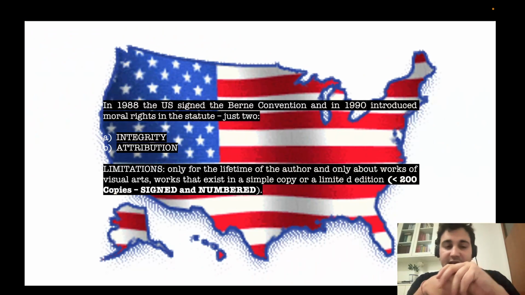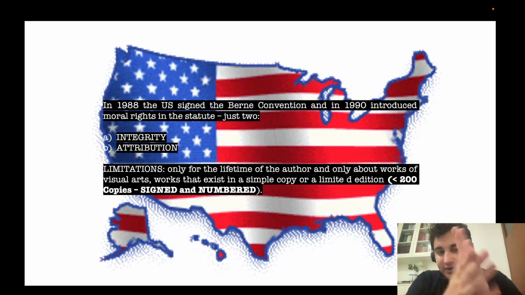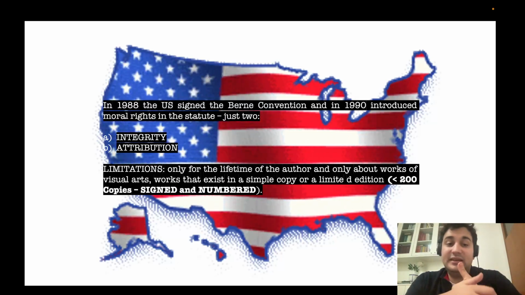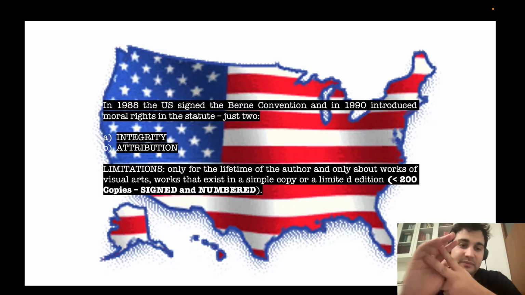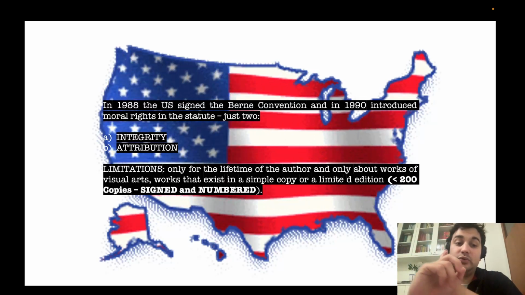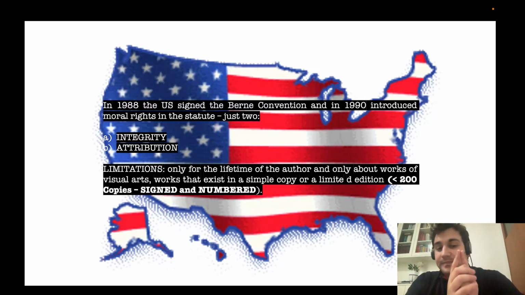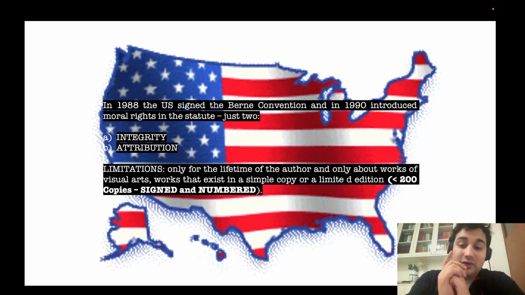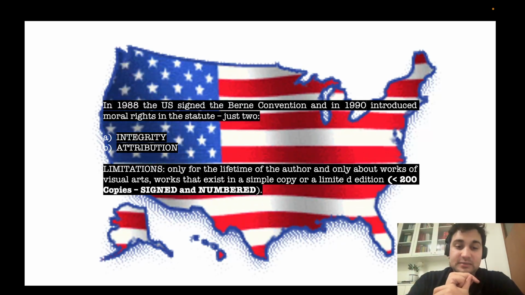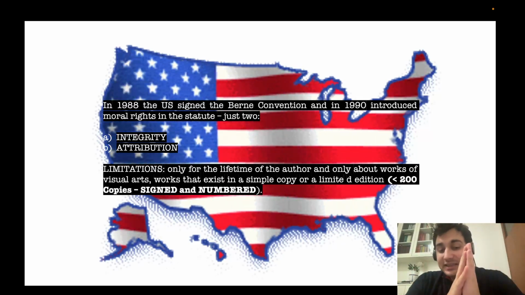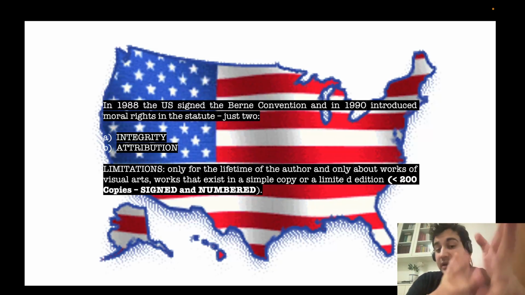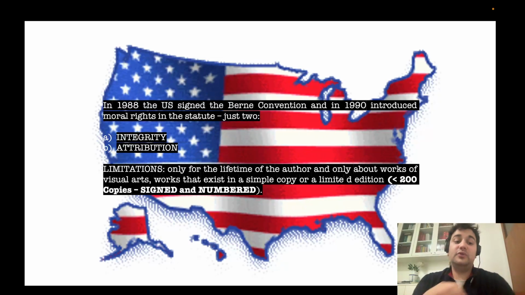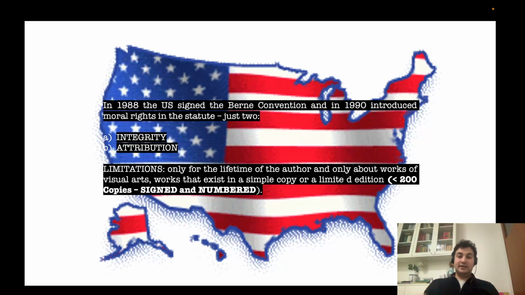As we said, the US is one of the latest to actually implement the moral rights, implementing them in 1990, introducing two of them, integrity and attribution, but limiting them only to the lifetime of the author and only for works of visual art that exist in just one copy or in limited editions of fewer than 200 copies that need to be signed and numbered.